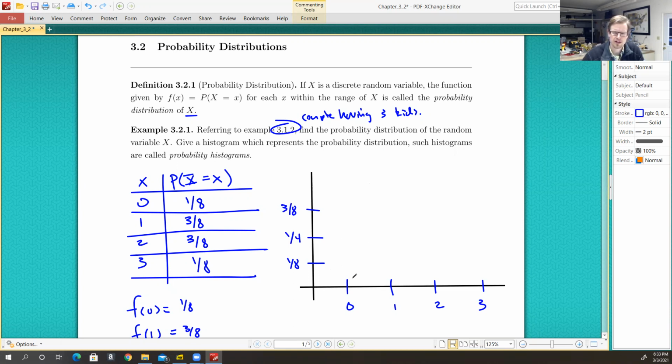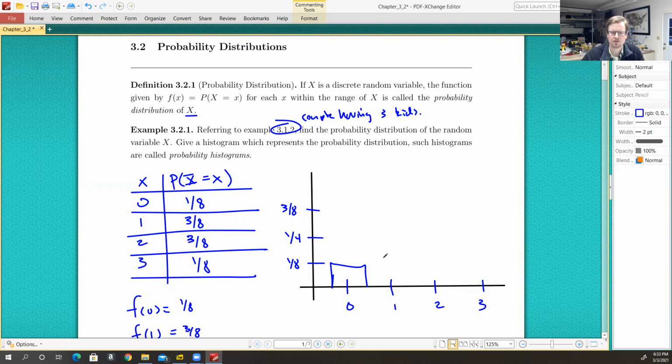So here at 0, right, if we wanted to give the probability as a bar that is the height of the probability. So at 0, what's the probability that we're going to have 0 girls? It would be 1/8. So we create a bar that has a height of 1/8. Now we can usually think of the bars as also having unit width, so a width of 1. So the area here would also be 1/8.